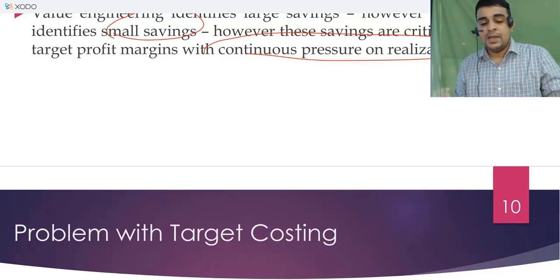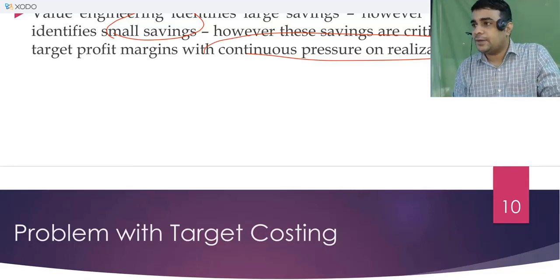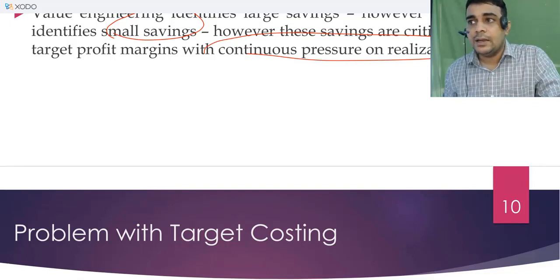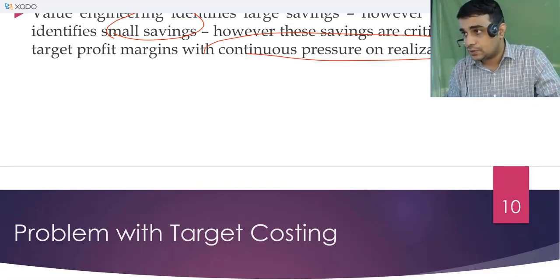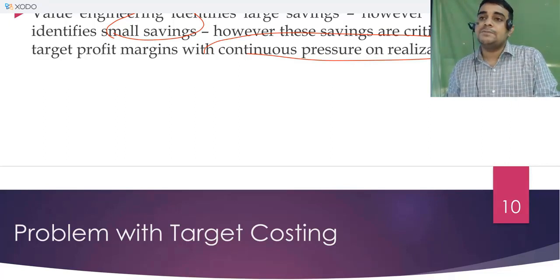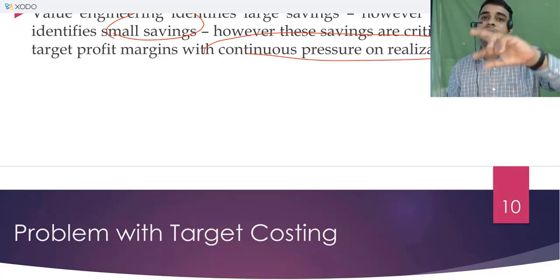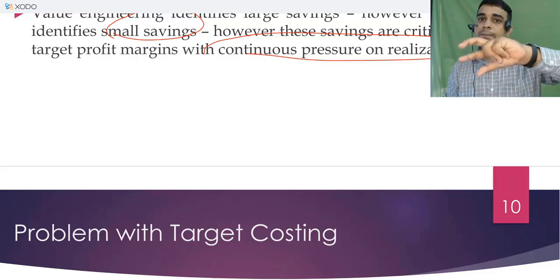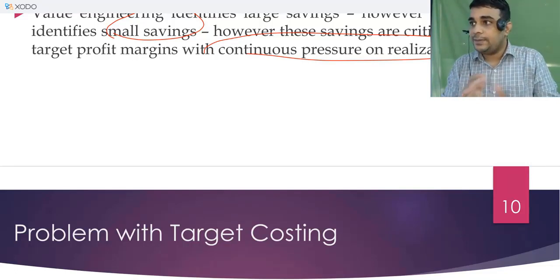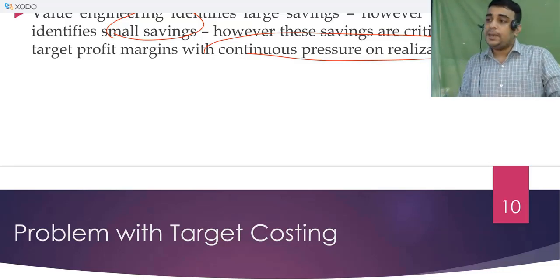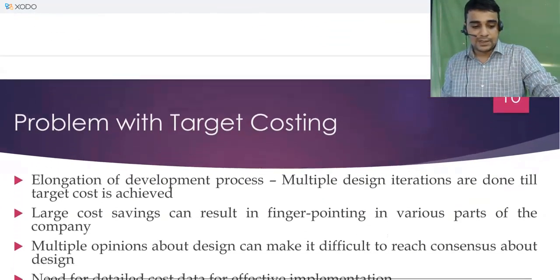Every process. Some processes will find it extremely difficult to reduce cost because they are already at the most efficient level. So because of target costing, sometimes there can be finger pointing also. One department will say, why don't you reduce cost? Why are you pushing me to reduce the cost? So there can be some amount of issue among the various departments.